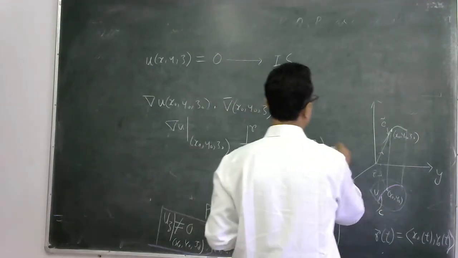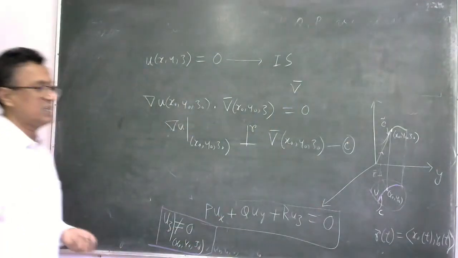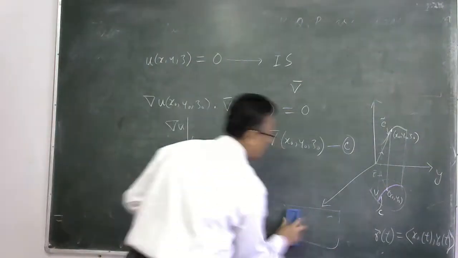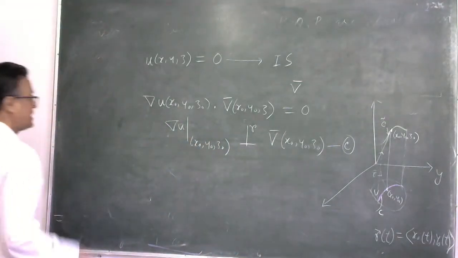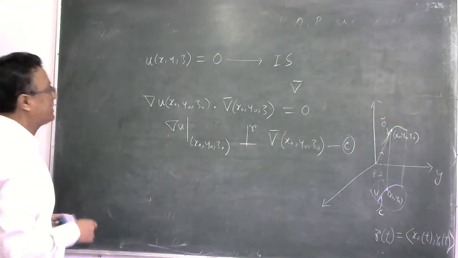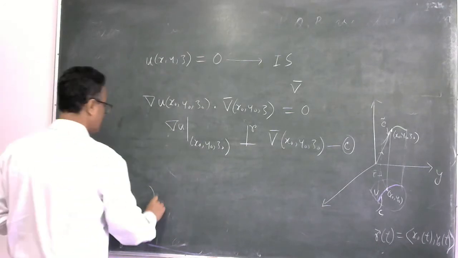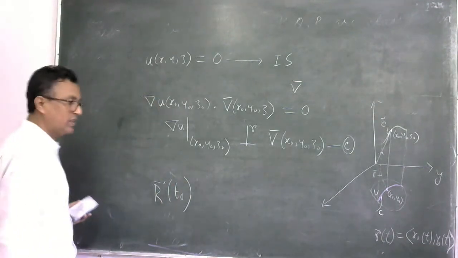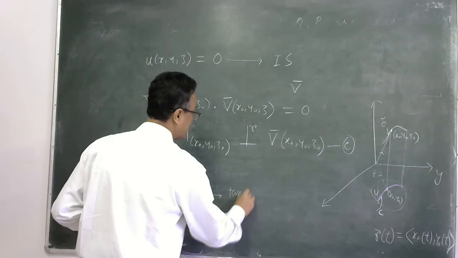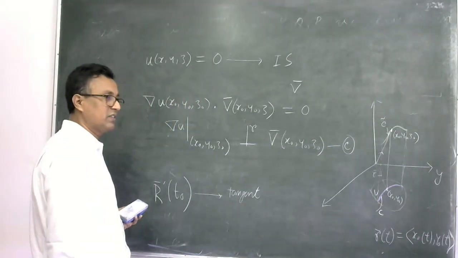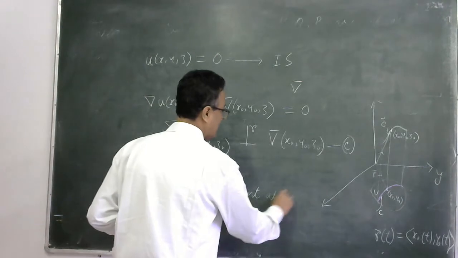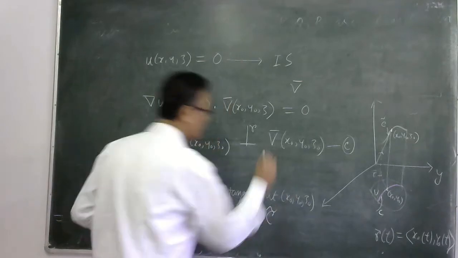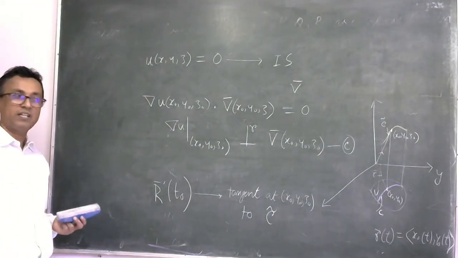Let me call it c. And again, what is happening? This is nothing but a tangent at x naught, y naught, z naught to the curve C tilde. Fine?